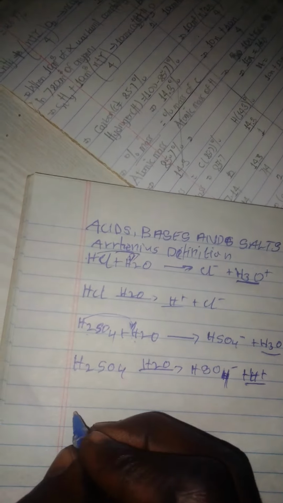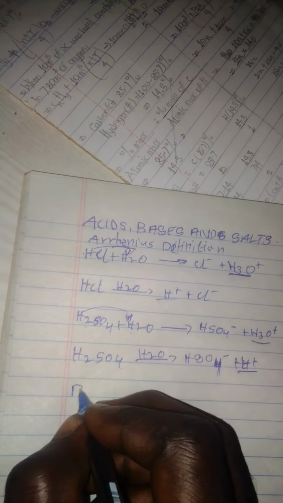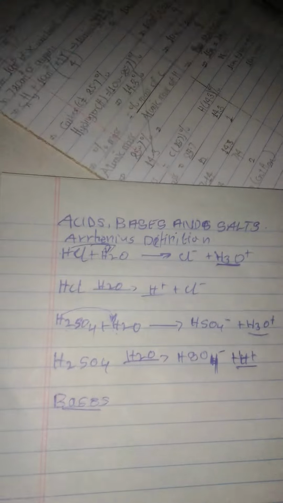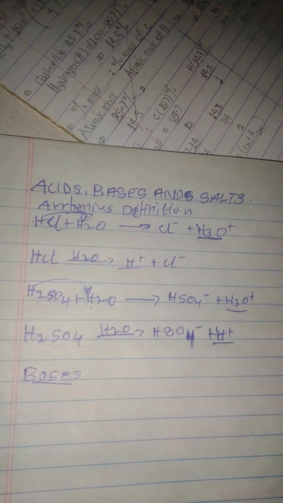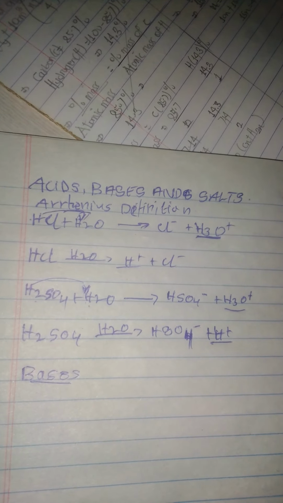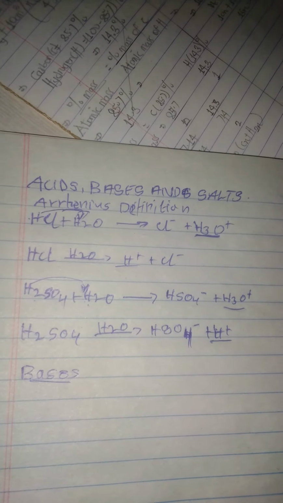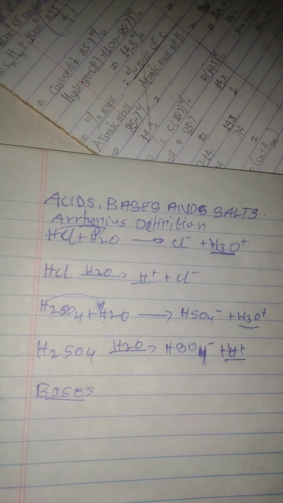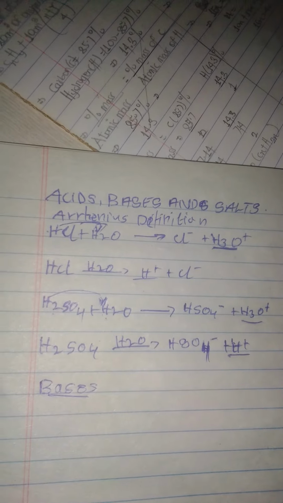And let us consider the bases. Arrhenius also defined a base as any compound which, when dissolved in water, produces hydroxide ions as the only negatively charged ions.